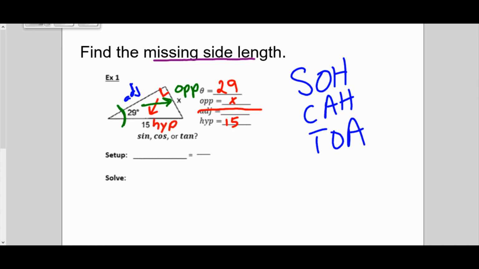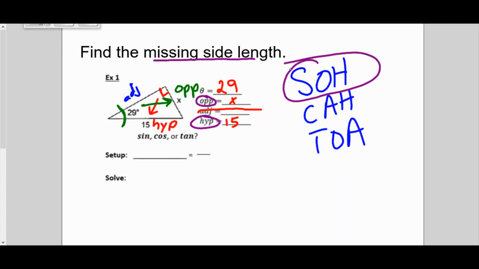I'm given opposite and I'm given hypotenuse. Which trig function relates those two sides? I'm going to look at my SOHCAHTOA. I have opposite, so I have O, and I have hypotenuse, I have H. That means I'm working with this one, SOH, because sine relates opposite and hypotenuse.